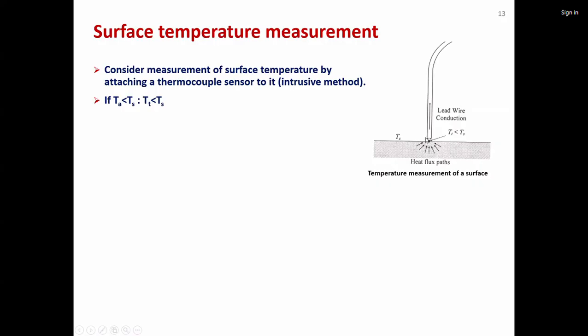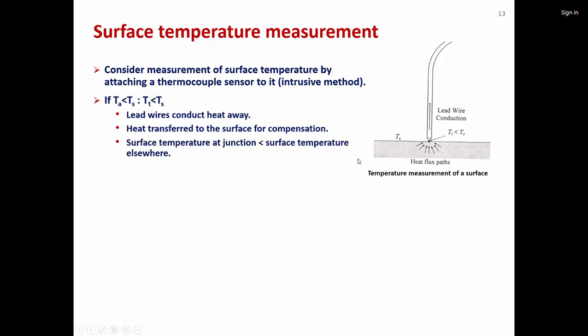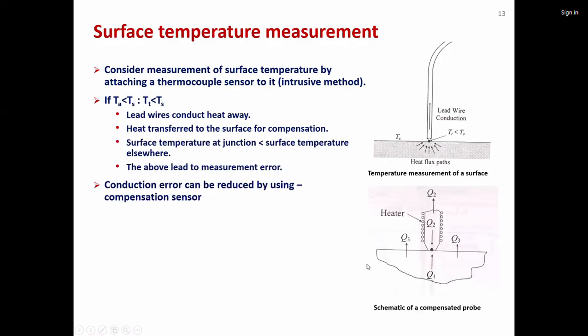So essentially, the temperature that the tip of the thermocouple is at is lower than the surface temperature because of this heat loss. And we said that there are ways to compensate for this heat loss, although in a more involved manner, by applying a heater.